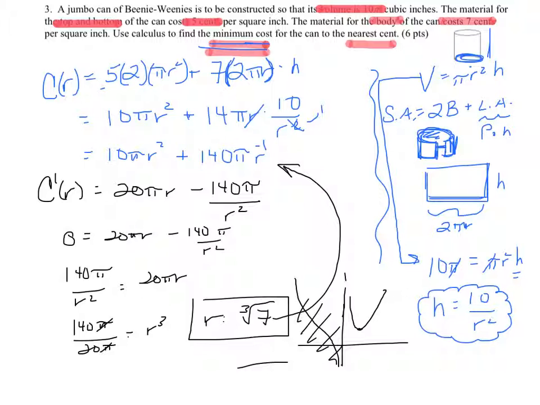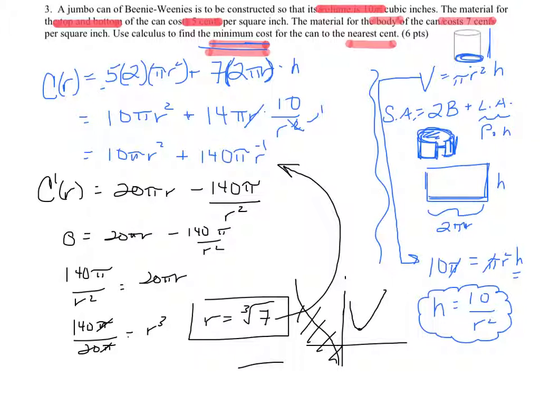I'm going to leave that cubed root of 7 when I plug it in. That pi, I'm going to use the pi button on the calculator to be exact also. So no need to change this yet. No need to change these. I will round to the nearest cent for the final answer. Let's see what we get.